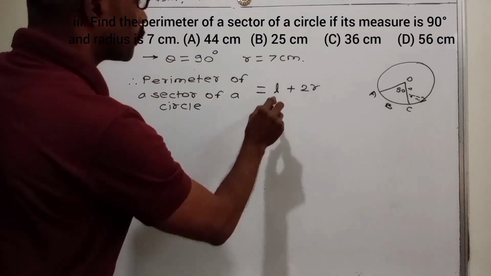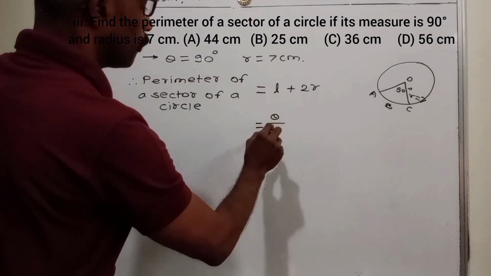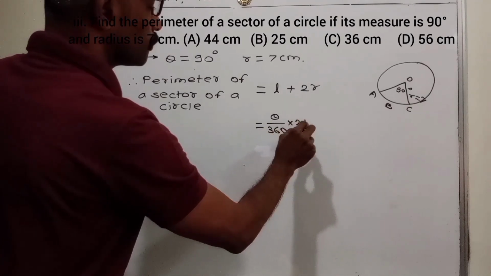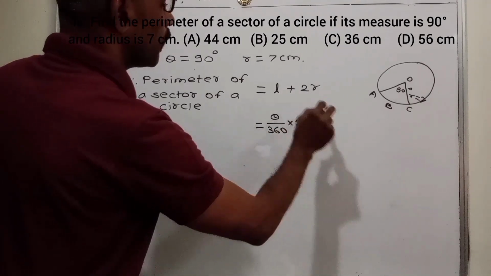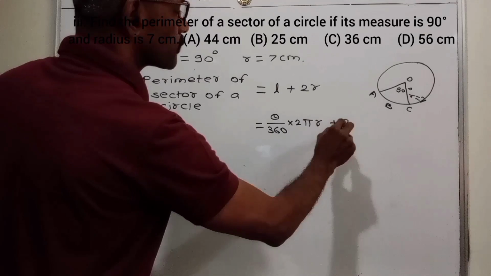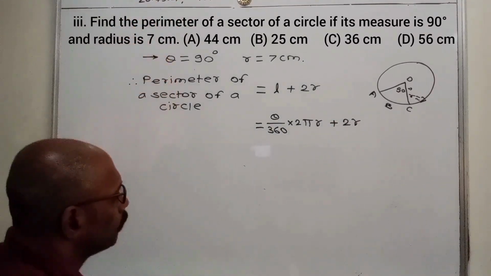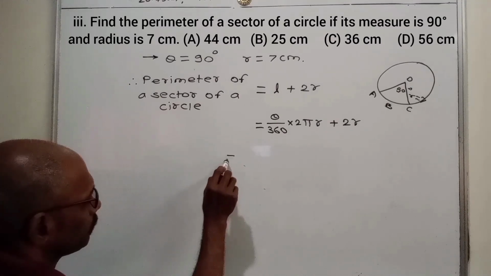Therefore formula theta upon 360 into 2 pi r plus 2r. Now we put values here.